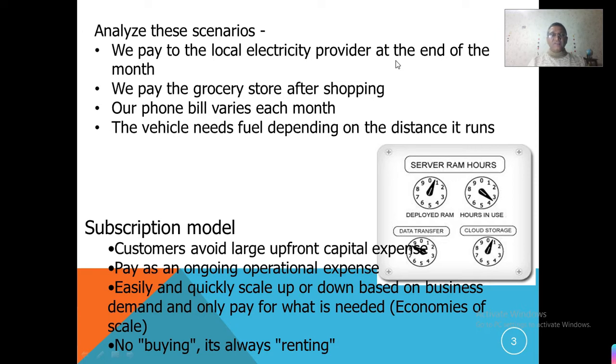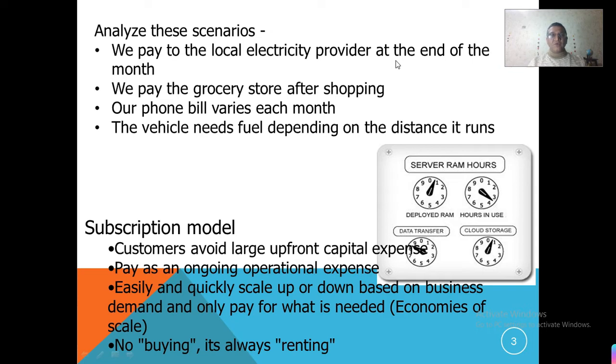We are consuming electricity in our house and offices, and the bill for our consumption is paid at the start of the next month. So we are first consuming and then paying for our consumption.